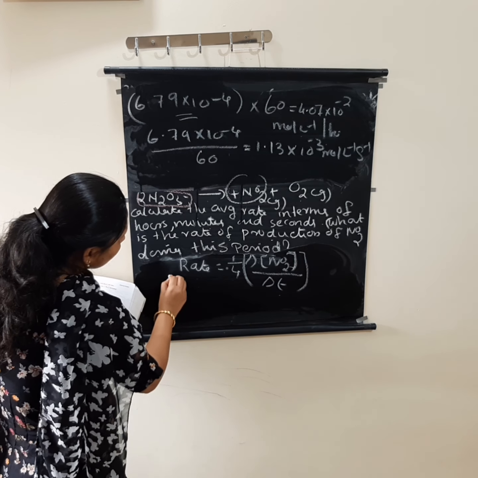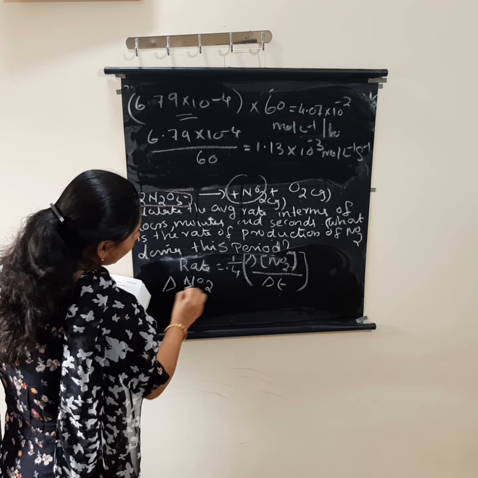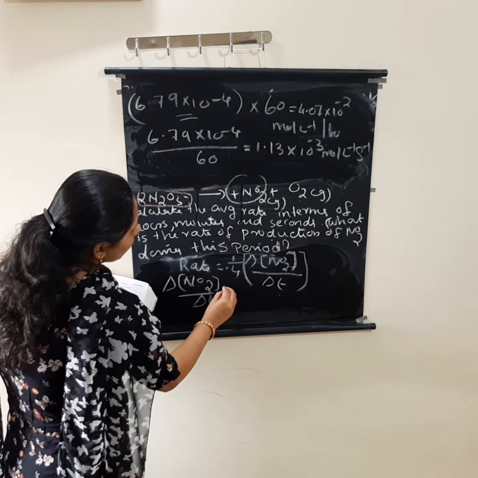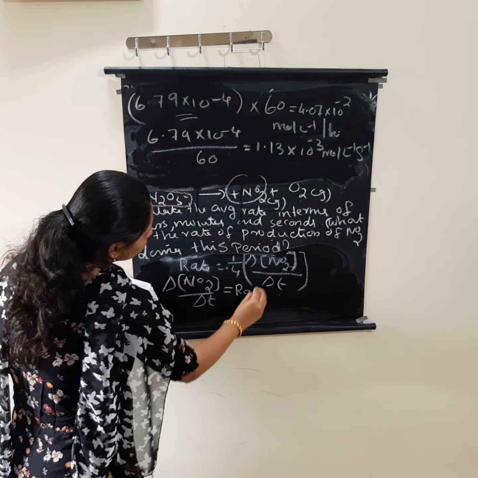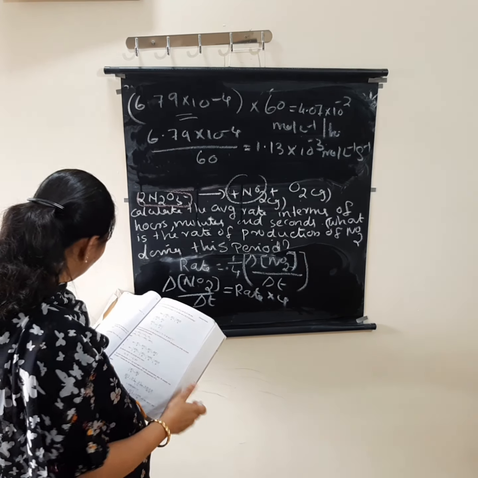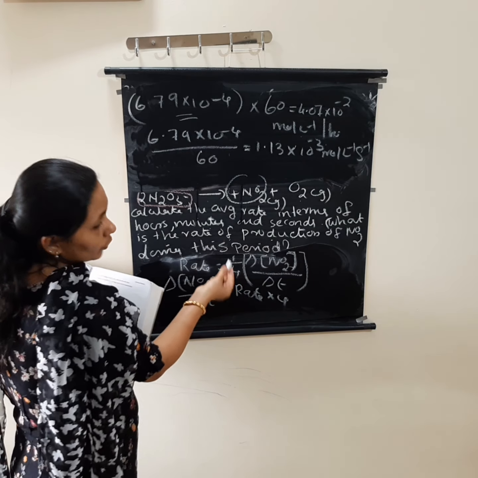Delta NO2 divided by delta T equals, can I write, rate into 4? Just rearrange the equation and we will get rate into 4. What is the question they ask?